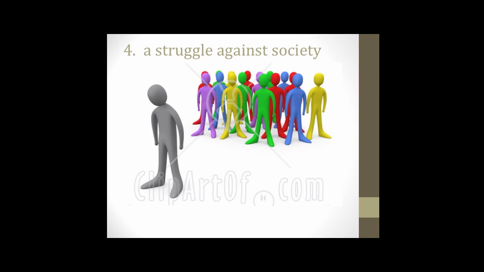What does that look like, and how does that protagonist cope or deal with the various pressures that society can place on its members?